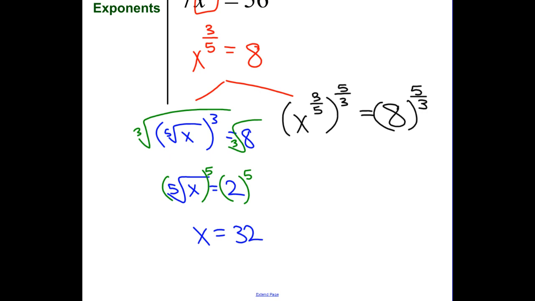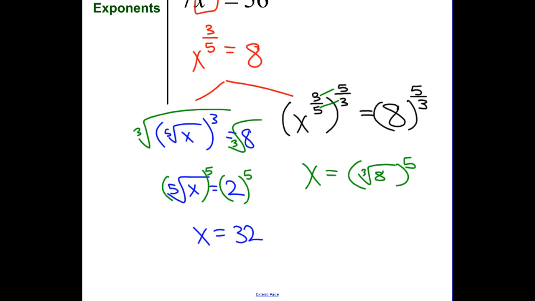If we multiply these pieces here, we're going to end up with 15 over 15. X to the 15/15 is x to the 1st, which is just x. And the right side is going to become the cube root of 8 to the 5th power.